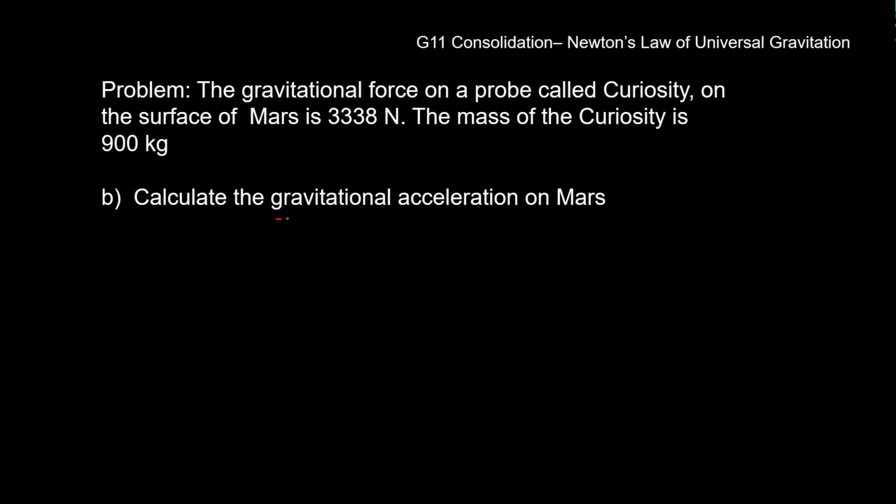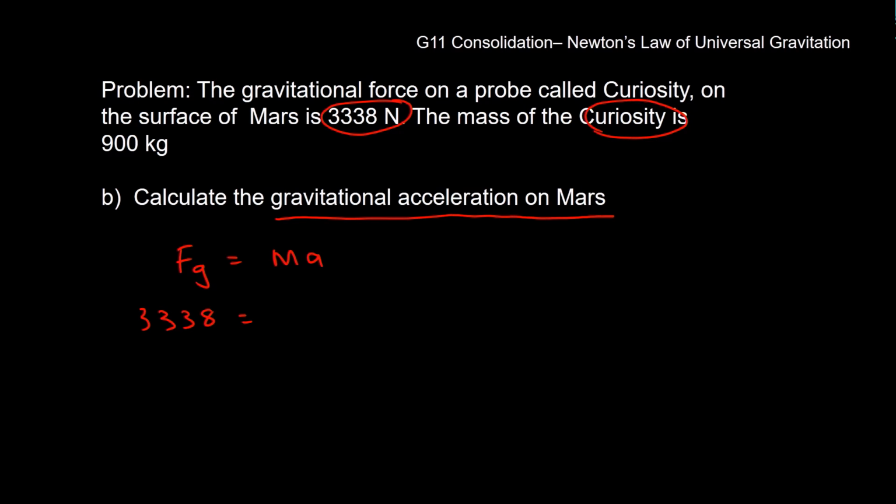Calculate the gravitational acceleration on Mars. Wow. We already know that Fg is equal to ma. Fg, they've told us that the gravitational force is 3,338 newtons. What is the mass of this probe, Curiosity, or buggy?